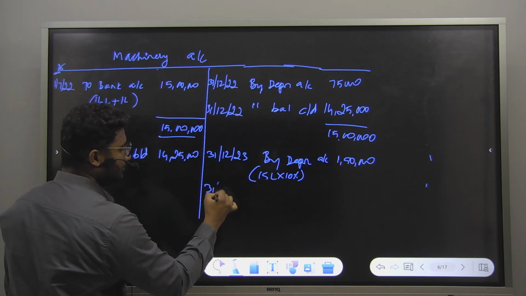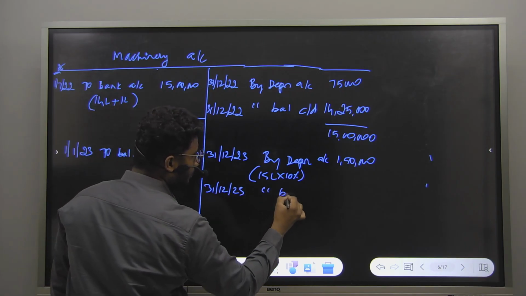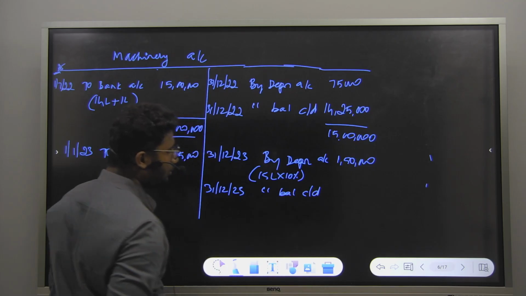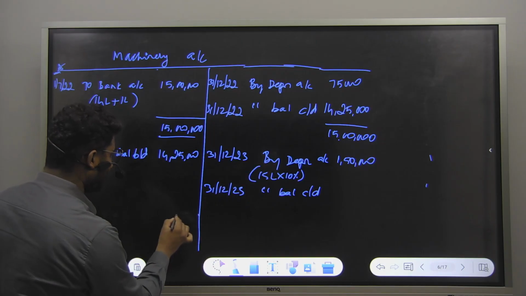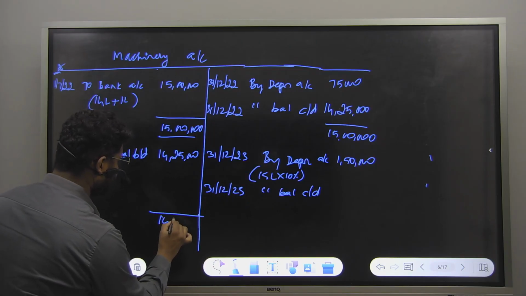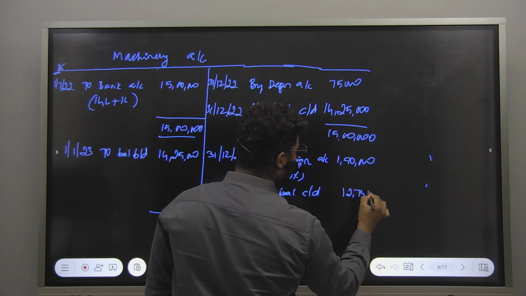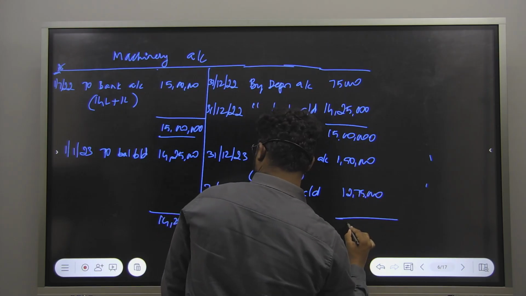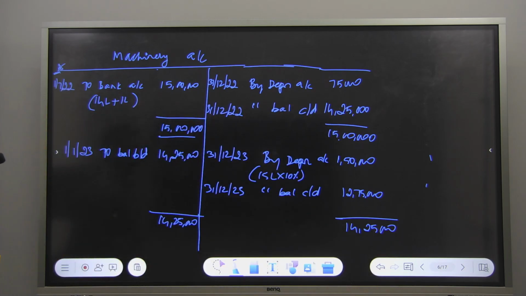So on 31st December 2023, by balance carried down, how much? 14,25,000 minus 1,50,000, 12,75,000. 12 lakh 75,000. So they asked us to prepare the machinery account. Machinery account is ready.